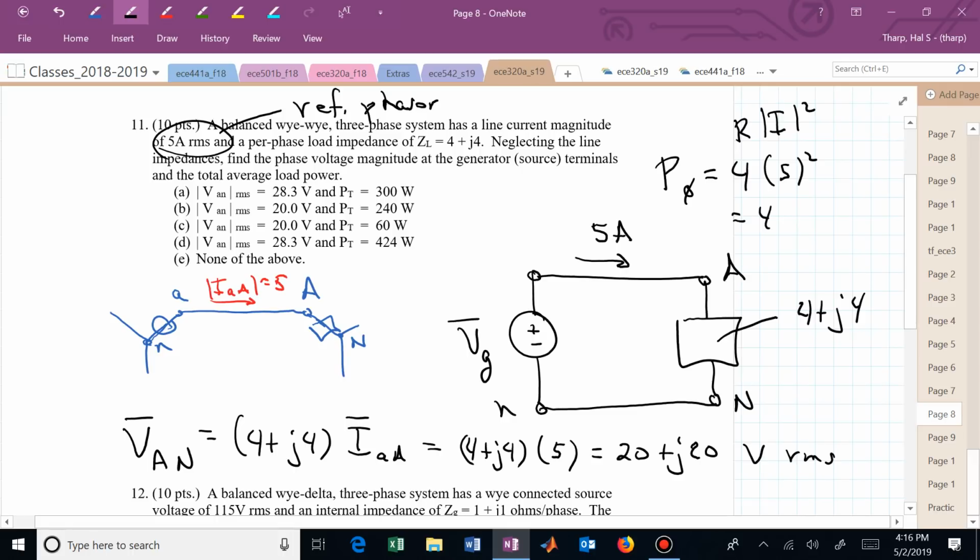This is 4 times 25, or 100, and that's in one phase. The total is 3 times that, so the total power is 300.